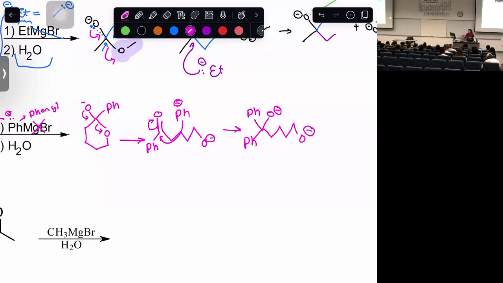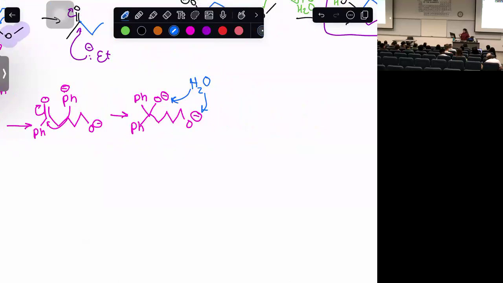Okay, beautiful. So far we have 2 phenyl groups. We don't have any more leaving groups or any more carbonyls. So now we just have to neutralize everything with water, exactly. Water is just gonna give us our little alcohol group. Phenyl, phenyl, alcohol, your carbon chain, and alcohol at the very end. Great job. You absolutely got it.